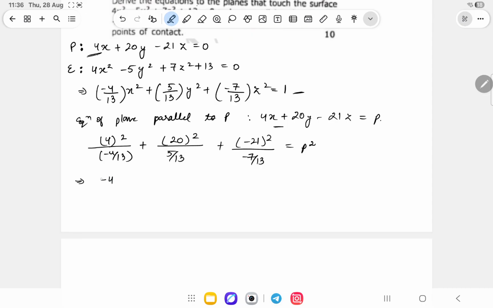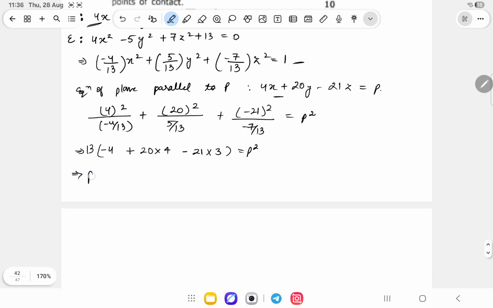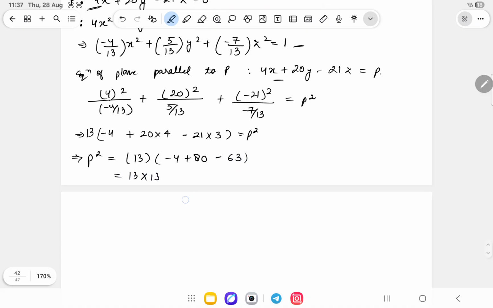So if I simplify it, I'll get 13 into minus 4 plus 20 into 4 minus 21 into 3 is equals to P square. So from here I got P square is equals to 13 into minus 4 plus 80 minus 63, which is equals to 13 into 13.